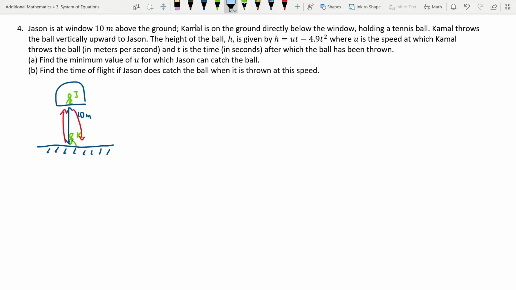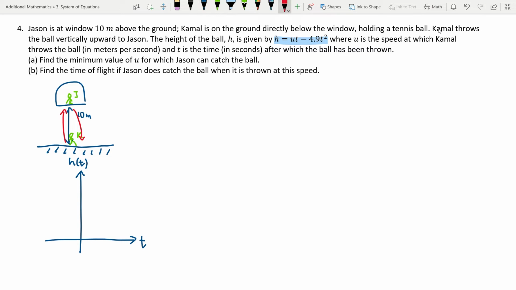We are given the equation for the height of the ball, h. We can sketch the curve. The x-axis will be the time, and the y-axis will be the height of the ball.